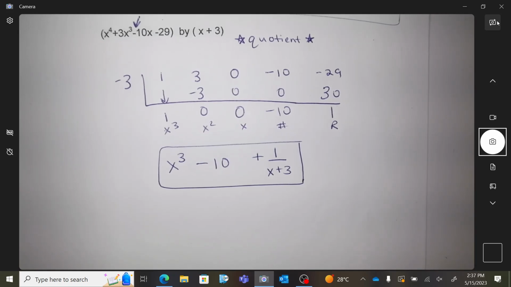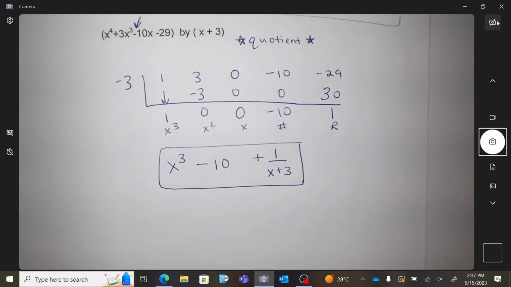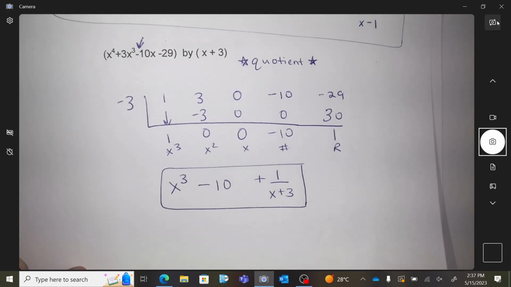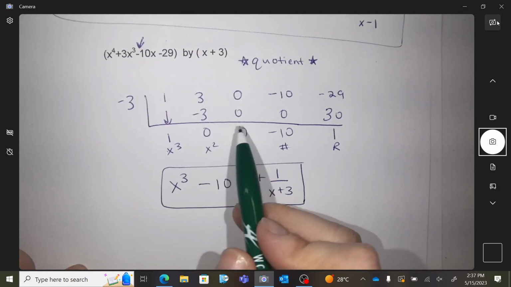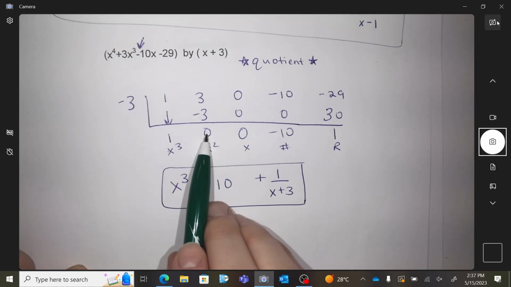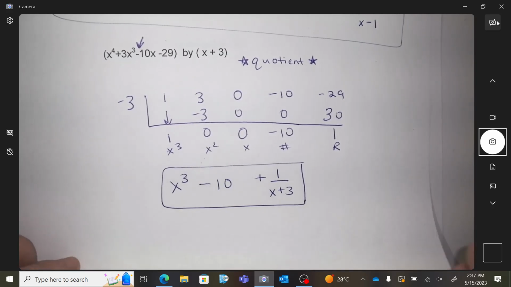That's the quotient. Okay. Because there's zeros, I just didn't write it, but I wrote down, just to remind myself, that there are no x squareds, right?